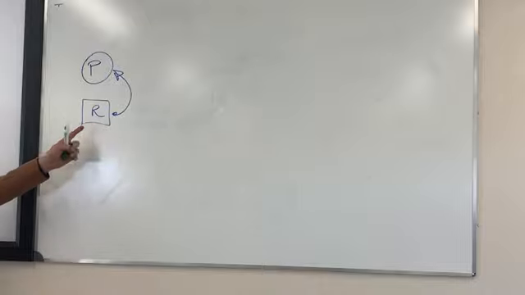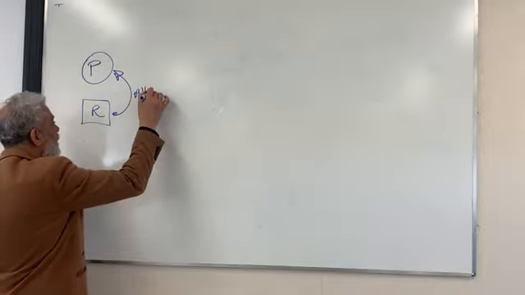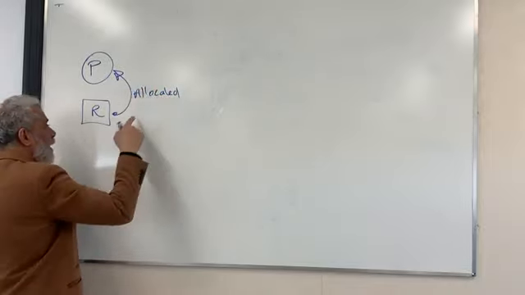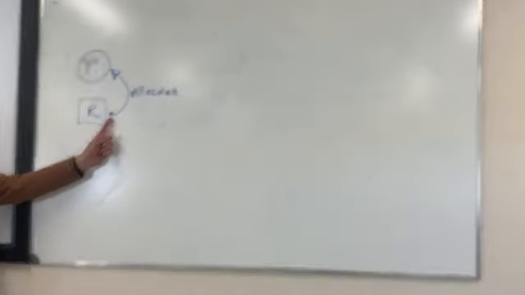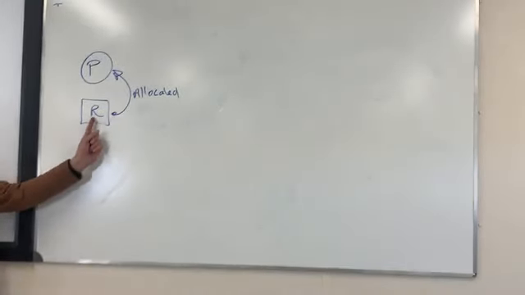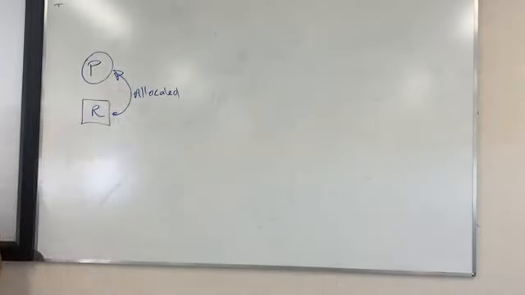How to read this: this resource is allocated to this process. Allocated. So you need to remember this word. This is how to read the arrow: you go to the tail of the arrow, and say this resource is allocated to this process. You always start at the tail of the arrow.